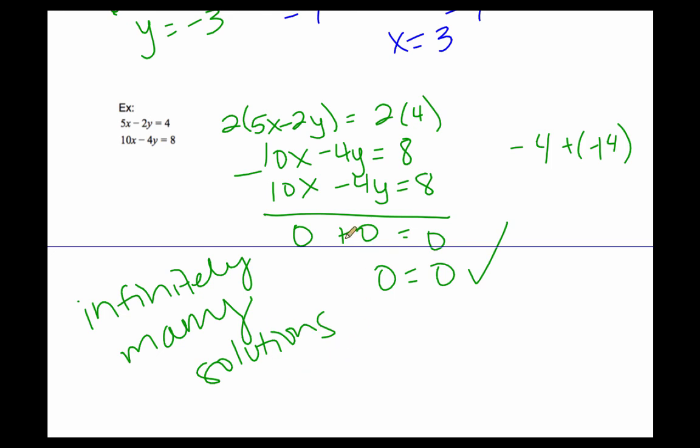Remember, if they both cancel and I get 0 equals 8, okay, 0 does not equal 8. So if that's what I ended up with, that would be no solution. Those would be parallel. Remember, these are the exact same line. That's why it's infinitely many. They literally overlap each other. Okay, so if it's a true statement, it's infinitely many. If it's not a true statement, then it's no solution.